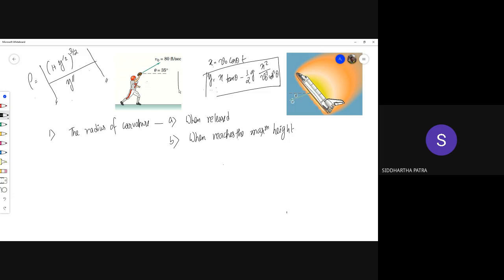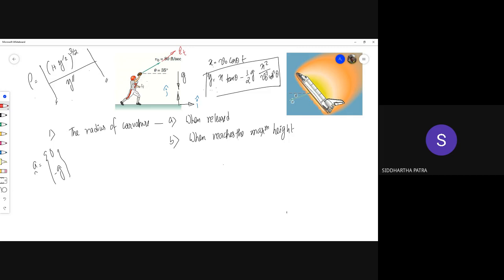The other way to do that is to acknowledge that the acceleration in the xy coordinate system simply looks like this: 0 times i minus g times j, using the unit vectors i and j. And as you correctly pointed out, this is going to be my et, the direction of the velocity.